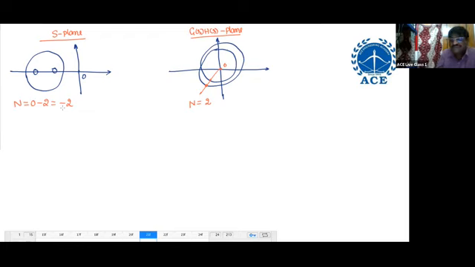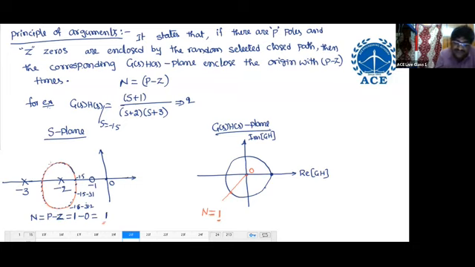I should get the same. To get the same n value, they selected the direction. I'll select the direction for the randomly selected closed path as clockwise. I'll write the conditions here itself.